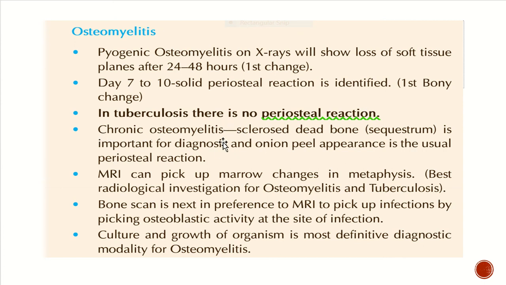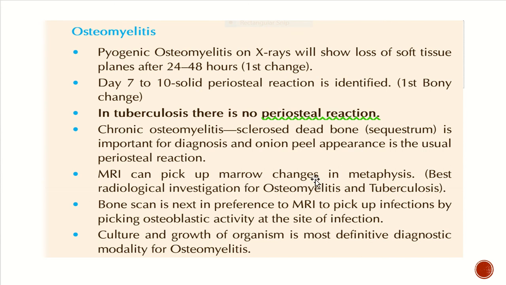In chronic osteomyelitis, there is sclerosed dead bone, which is seen as whiter than nearby bony parts on X-ray, as we already discussed. This question is important for diagnosis. And onion peel appearance is the usual periosteal reaction. We also see it in sarcoma.